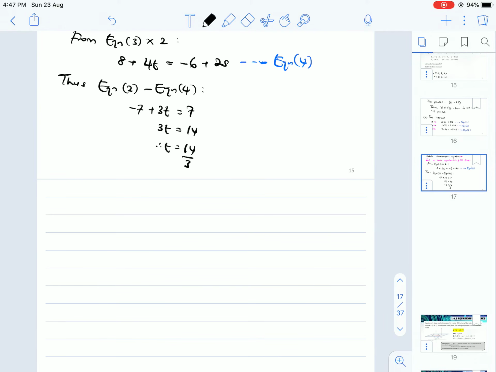So how do we find the value of s? Substitute t equals 14 over 3 into equation 2.